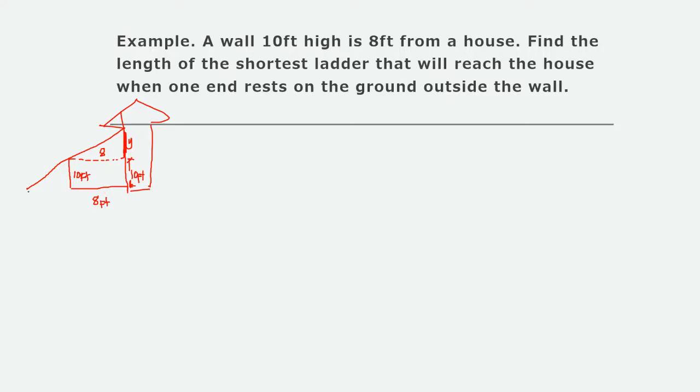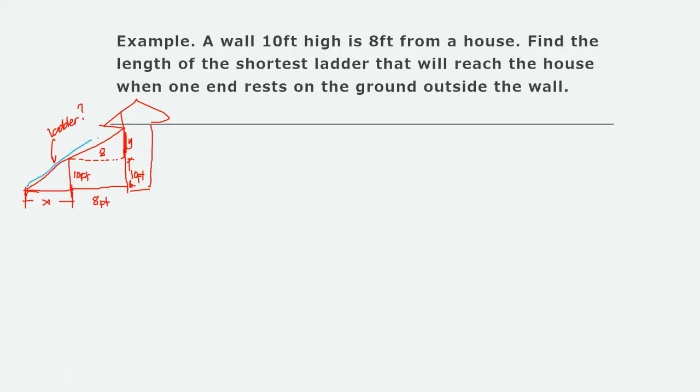And for the other one, we don't know the dimension, so this is our x. But what we need to find is the length of this ladder. So let's say that is our ladder. We don't know the length of the ladder. In order for us to find it, if you can see, this is a big right triangle.